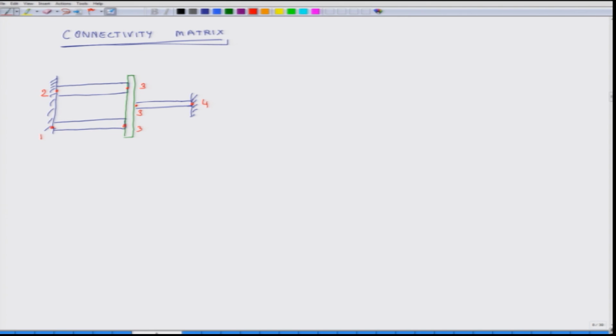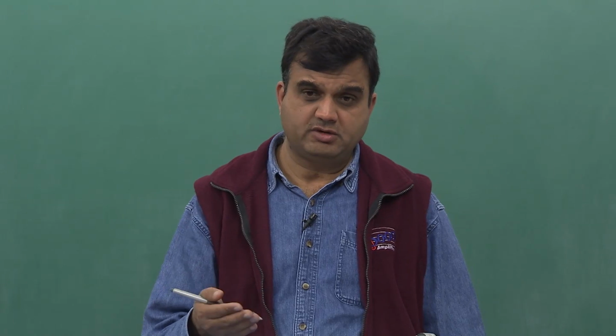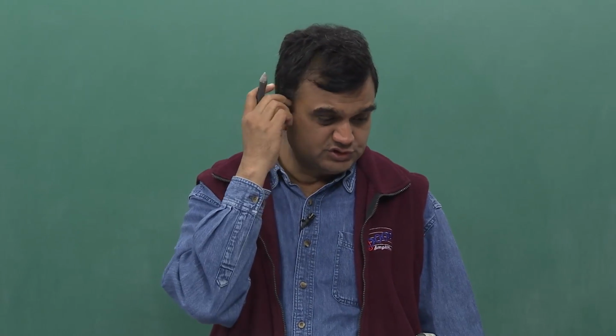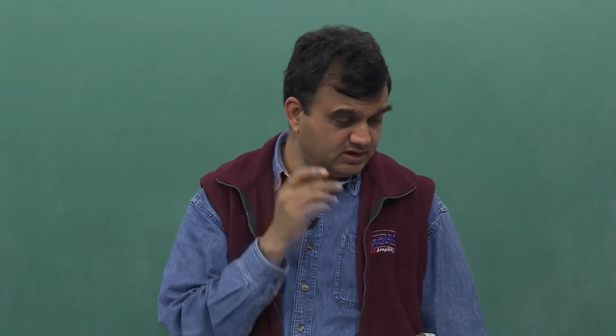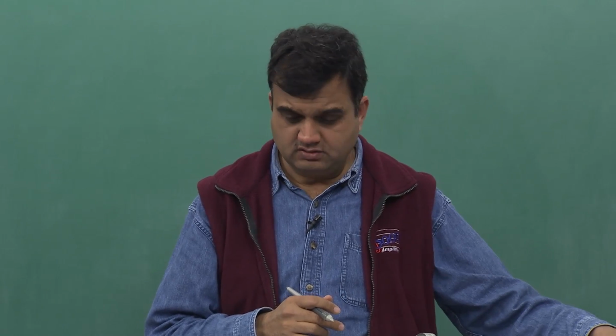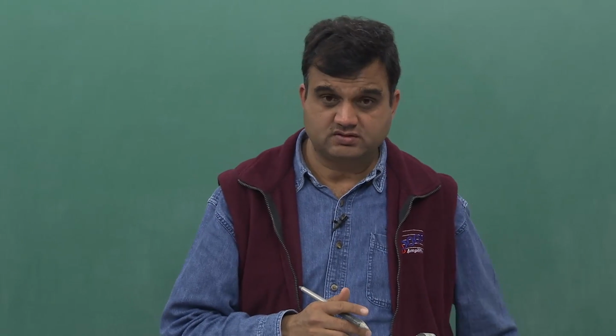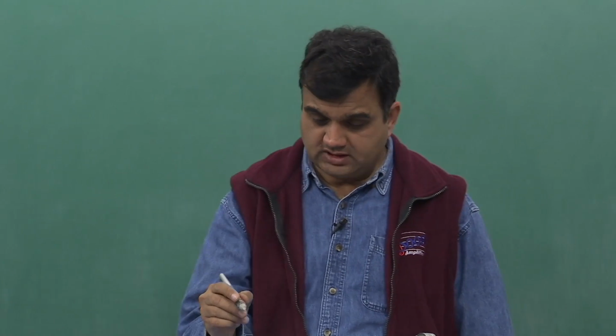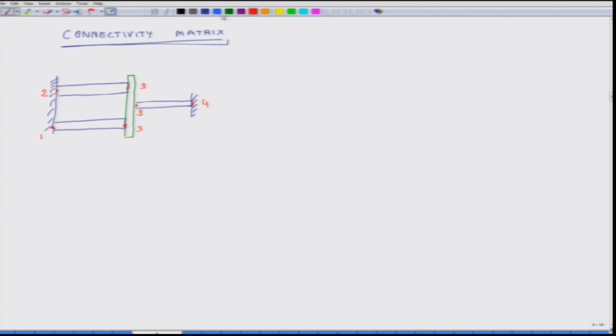And we know how to straight away calculate the stiffness or the K matrix for each element using the methods we have discussed so often in the last several lectures. What we are going to do is develop a matrix which will help us in the assembly process. That matrix is known as the connectivity matrix, and it is designated by the letter B. So, let us look at this.